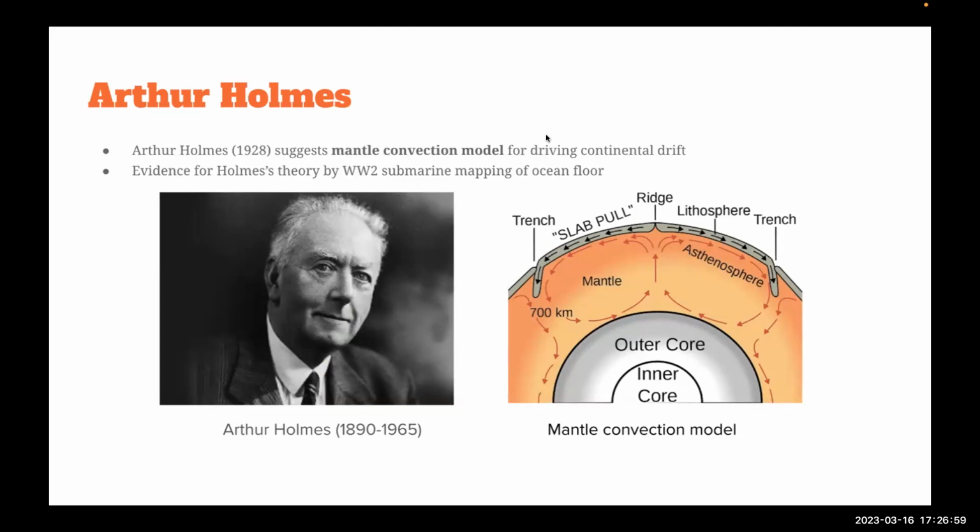Although back then you couldn't really map the ocean floor that much, he thought of what we call the convection model or the seafloor spreading model, where what would be driving the move of the continents would be the seafloor acting like a conveyor belt, like those belts at the airport where you go faster, like a Super Mario Kart star. So that same process at the middle of the oceans, they would spread and rotate, giving enough force to push all of these continents apart.